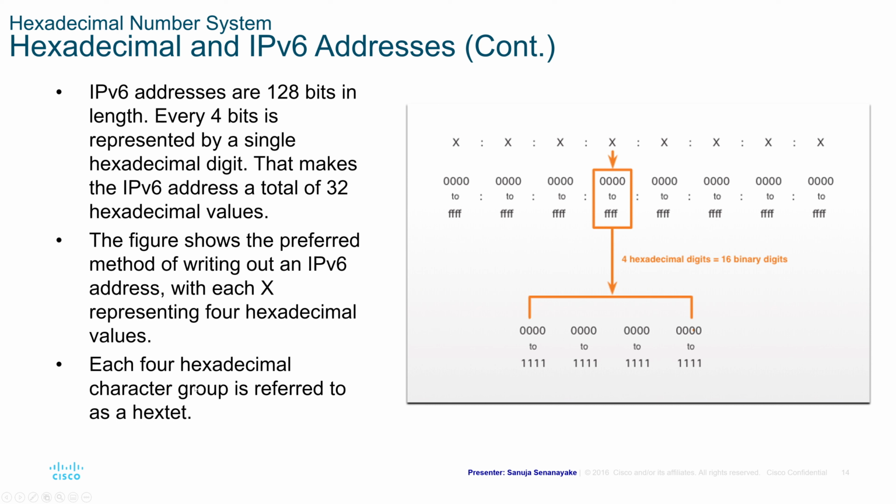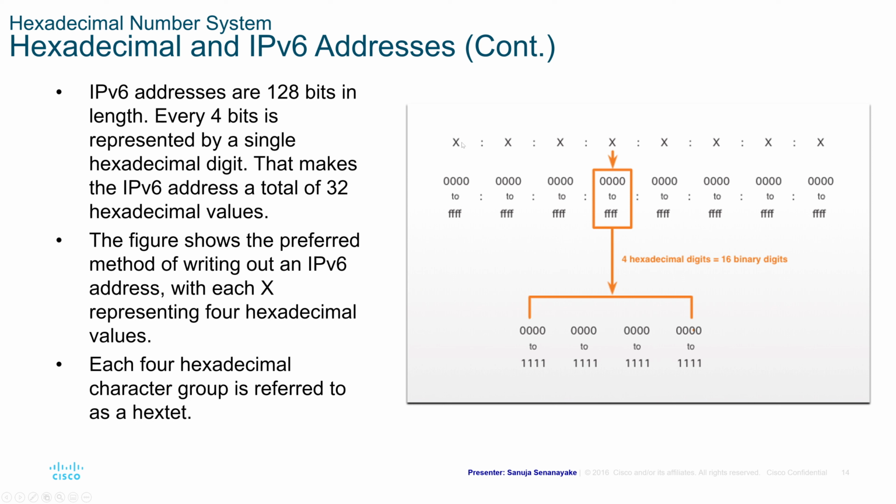Each 4 hexadecimal character group is referred to as a hextet. Remember octet? Octet is for IPv4 addresses. This is hextet because it has 32 hexadecimal values total.